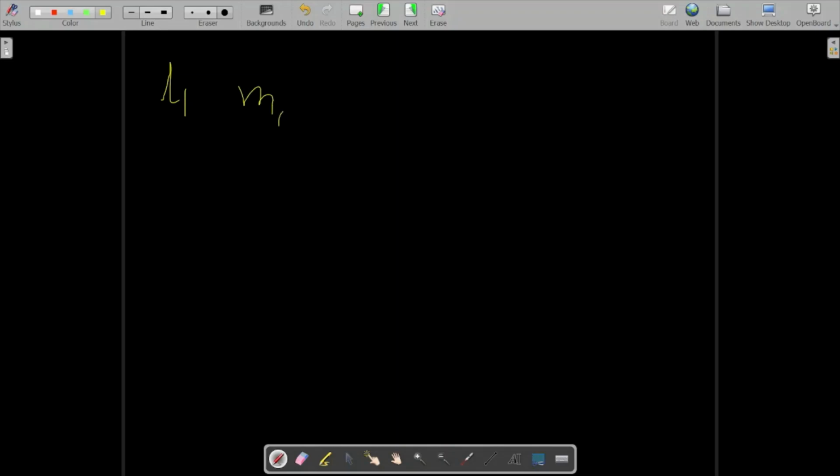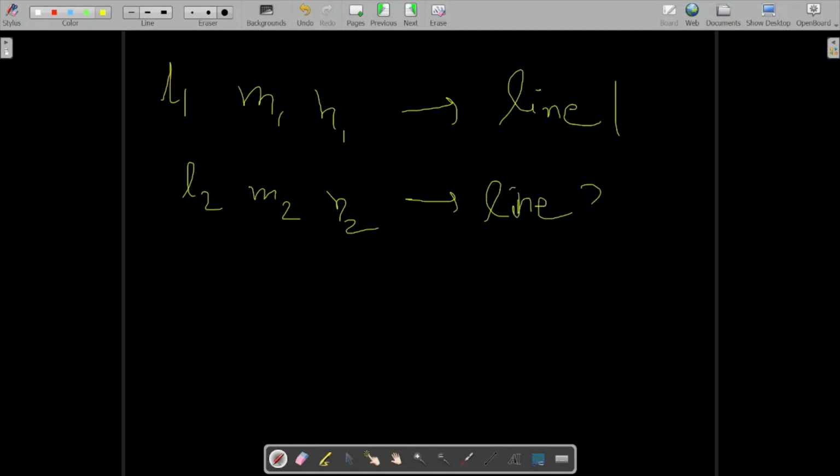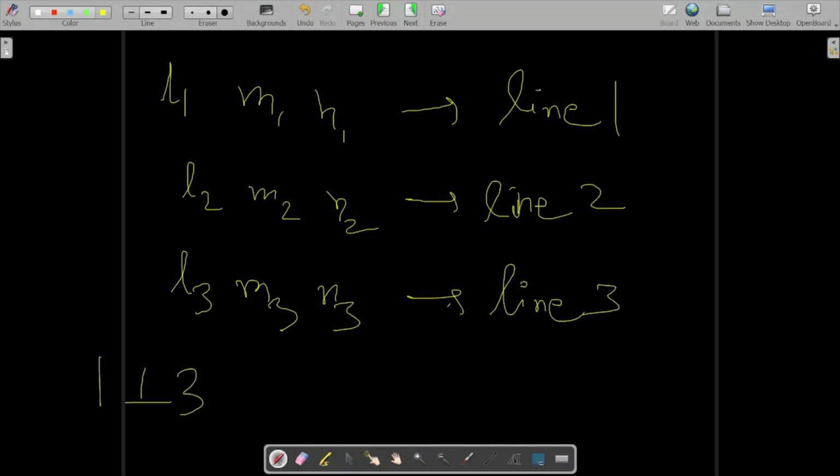Suppose L1 M1 N1 is your line number 1. L2 M2 N2 is your line number 2. L3 M3 N3 is your line number 3, and it is given that 1 is perpendicular to 3, 2 is perpendicular to 3, and 1 is perpendicular to 2, like this.